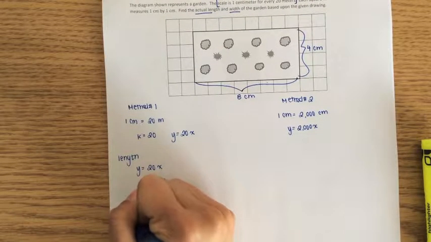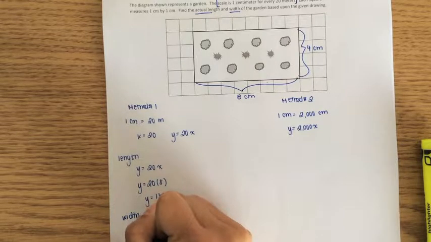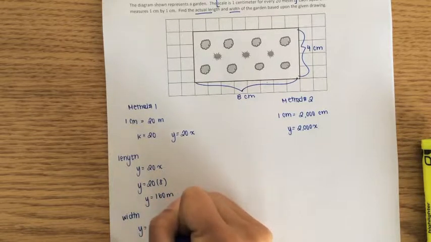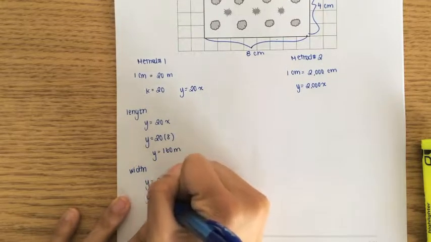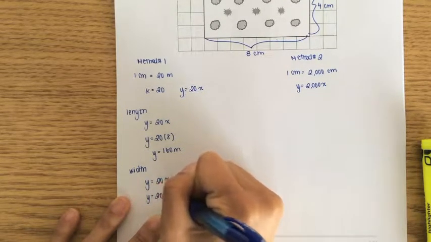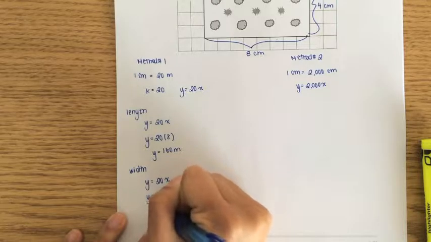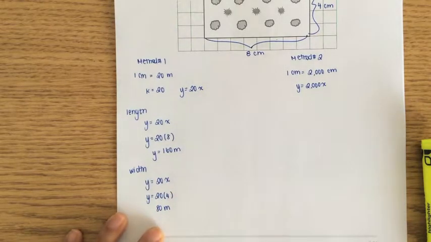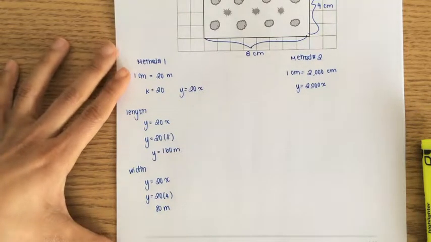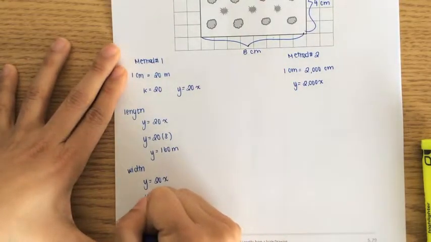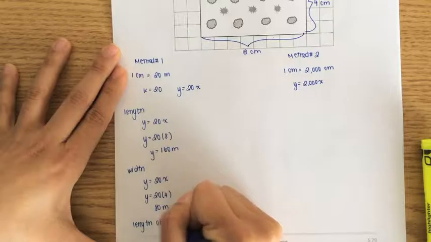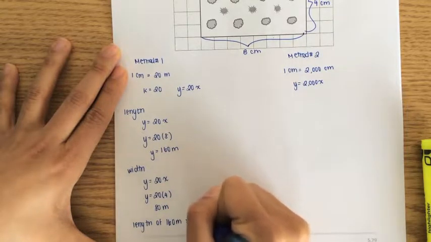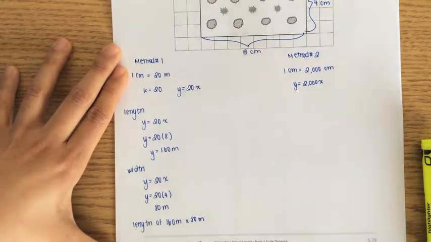If I'm doing my width, using the same equation again, still replacing x, y equals 20 times 4, which ends up equaling 80 meters. So that means for method 1, we have a length of 160 meters by 80 meters.